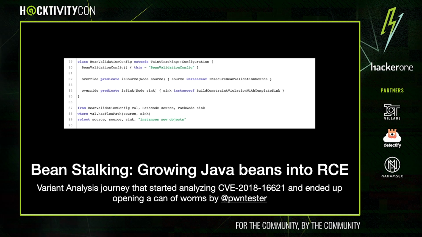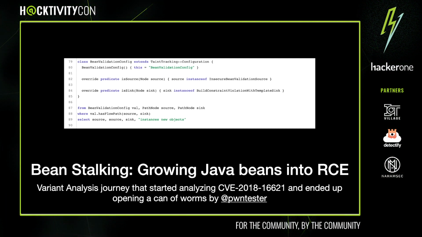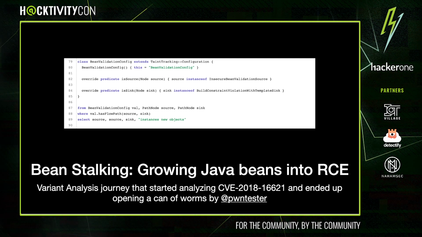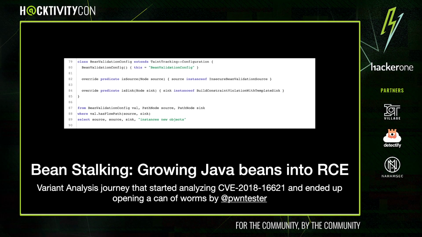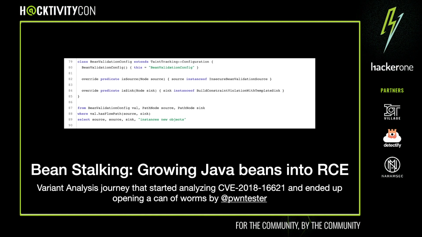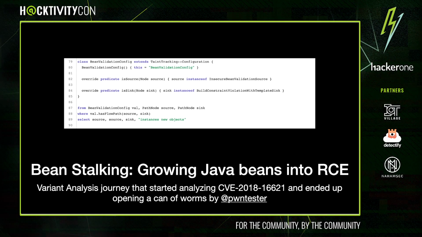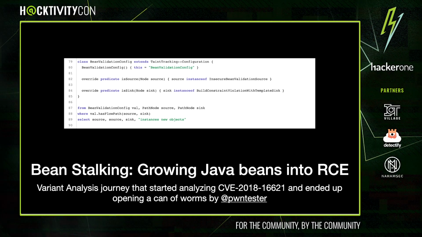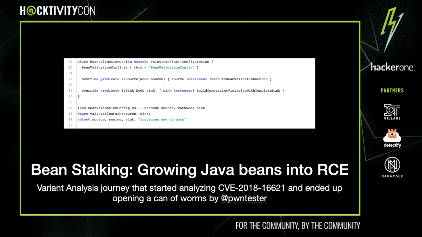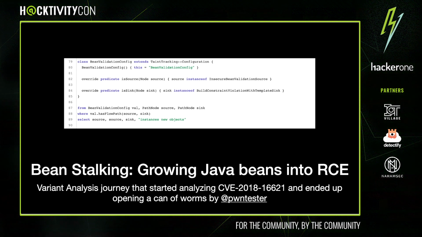We thought that it is a good target for doing variant analysis to find other variants of EL injections, and he did find different kinds of variants in the end. The journey is fun, and you can learn from him by utilizing the powerful CodeQL libraries to circumvent a variety of limitations.